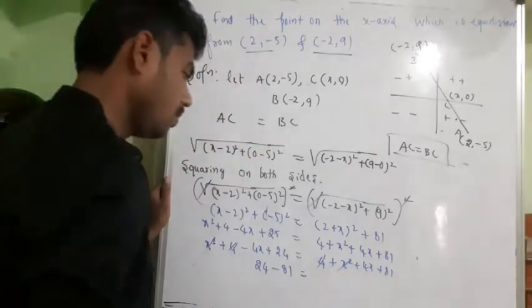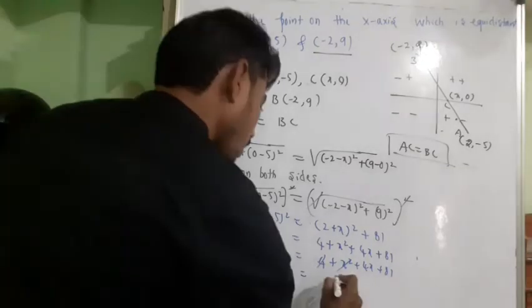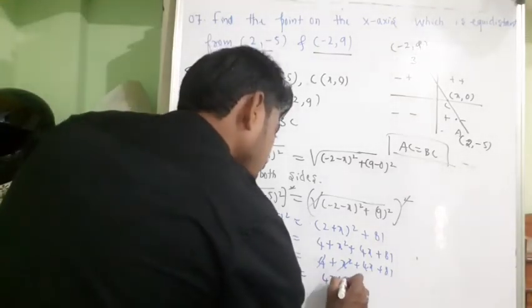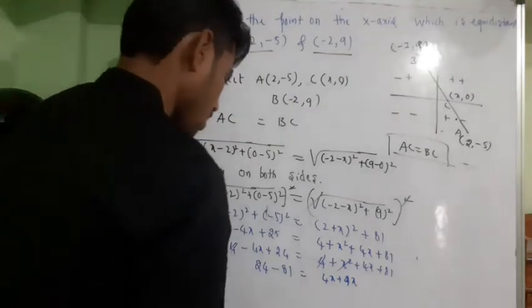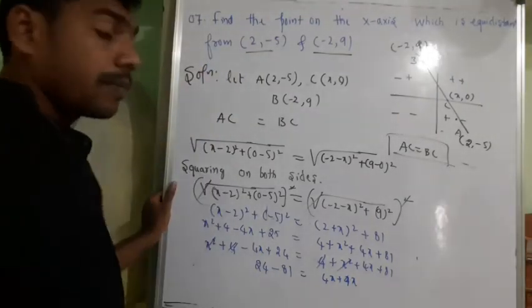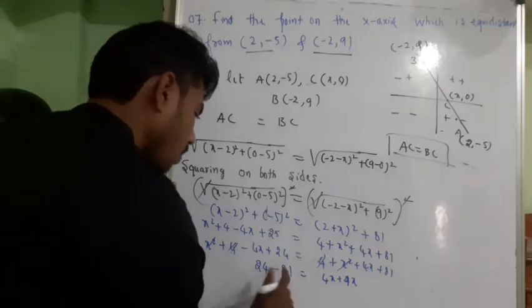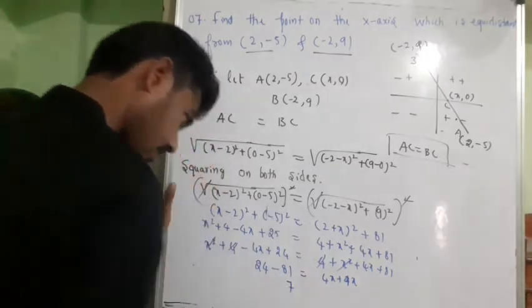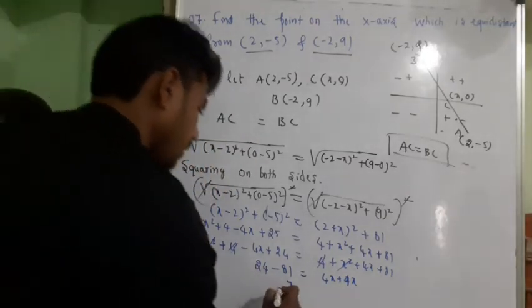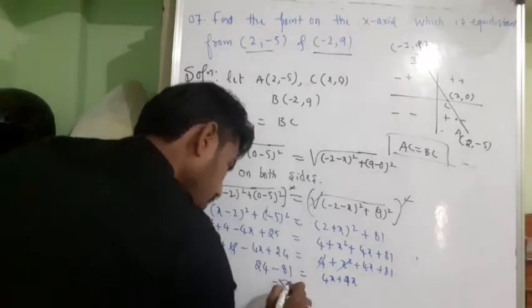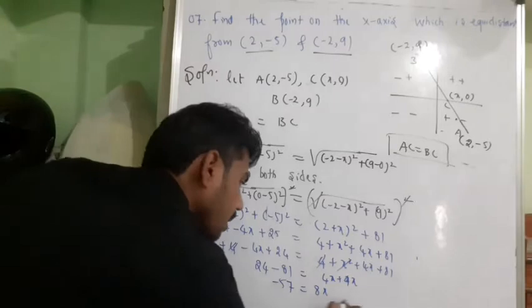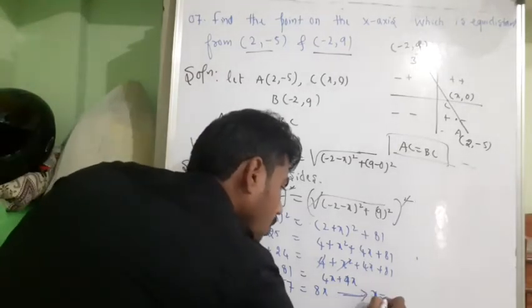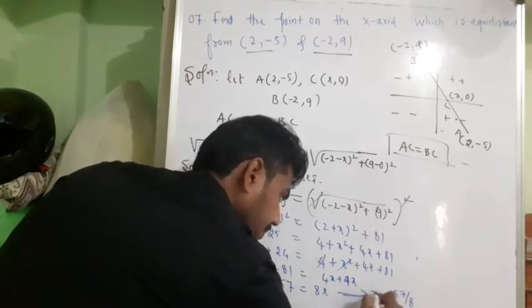Which is equal to 4x plus 4x. So 81 minus 24, 11 minus 4 is 7, 7 minus 2 is 5. Minus 57 is equal to 8x, so x is equal to minus 57 by 8.